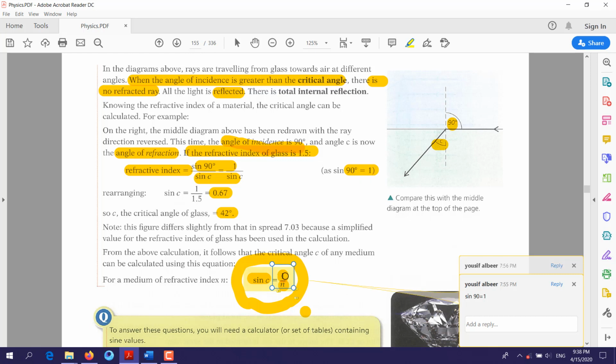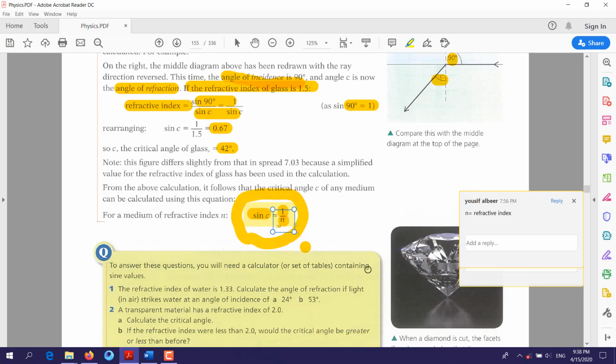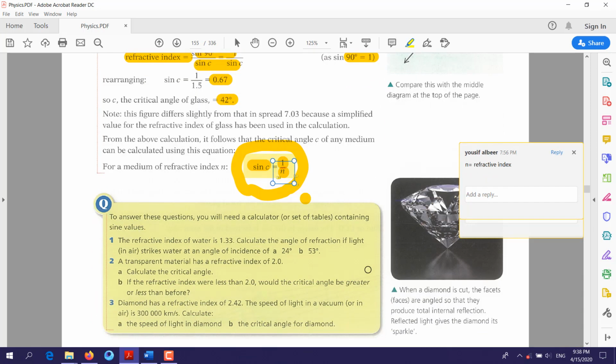We got this from the 90 degrees; in the critical angle we always have a right angle. So it is 1 over sine C, where n is the refractive index. The refractive index is usually given in the question. Now, let's solve the questions.